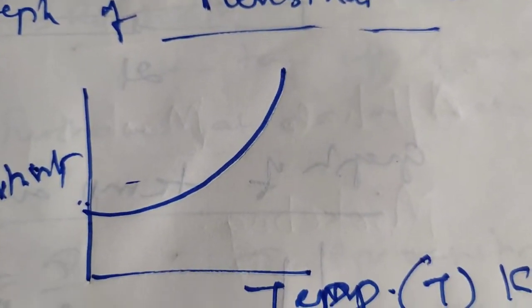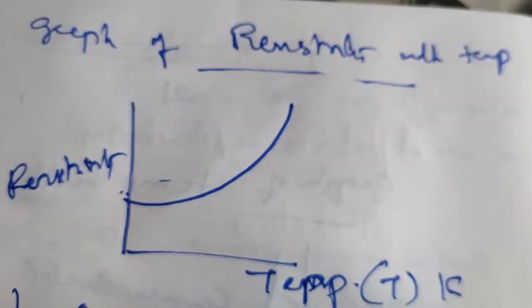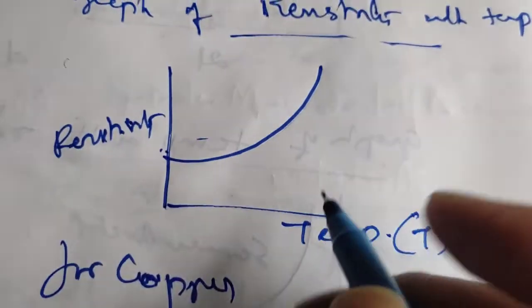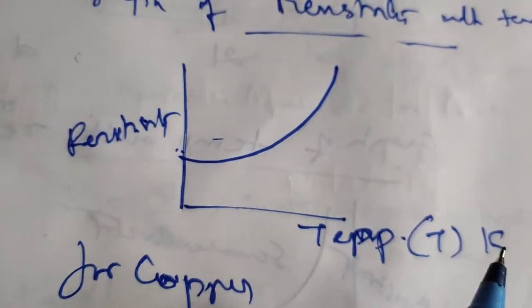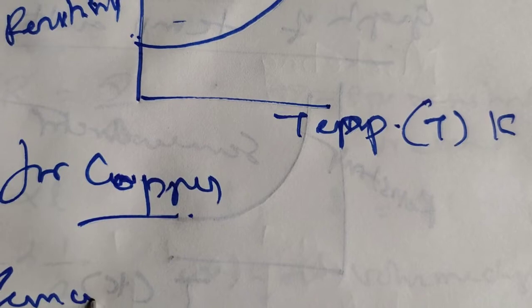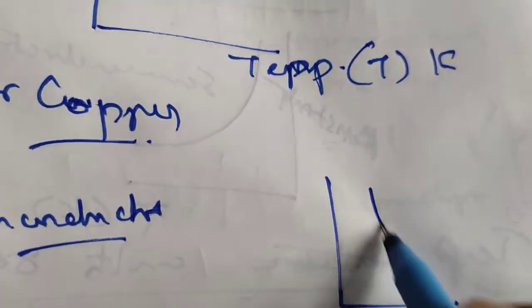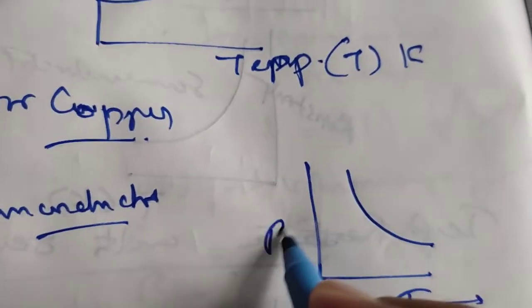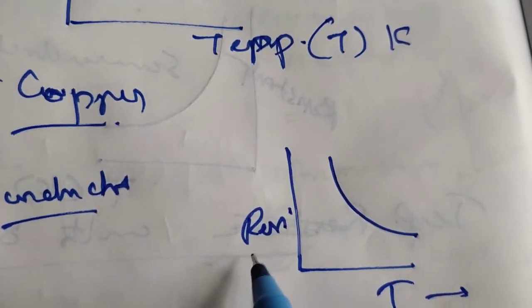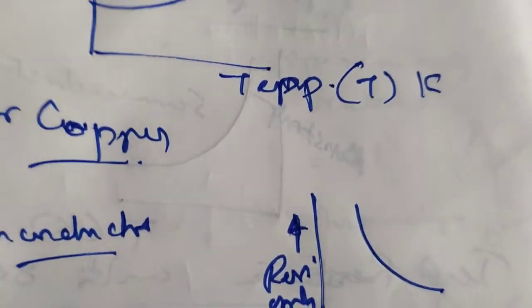Different materials have a little change in the graph, but this is the normal shape. And for semiconductor, the graph becomes like this: semiconductor, temperature, resistivity.